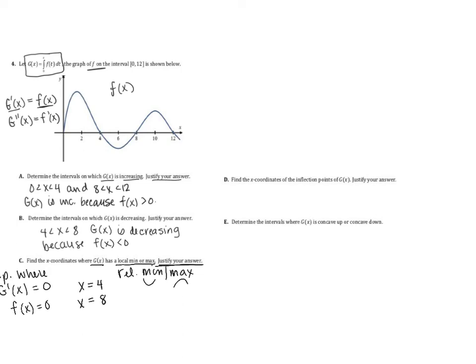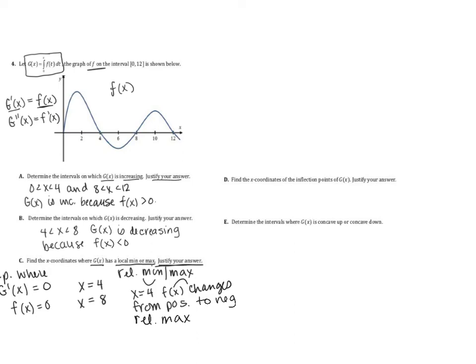So over up here on the graph, notice that at x equals 4, f of x changes from positive to negative, and positive to negative, that's going to be a relative max.